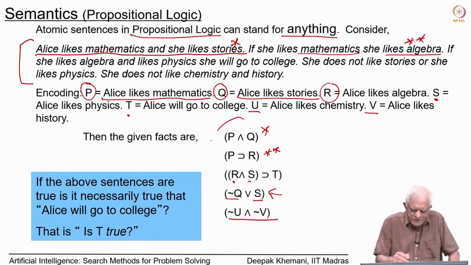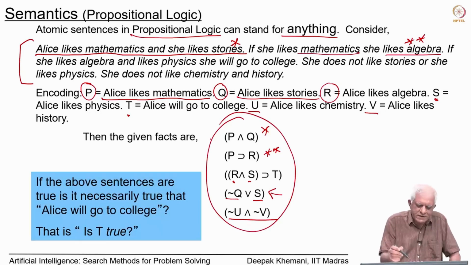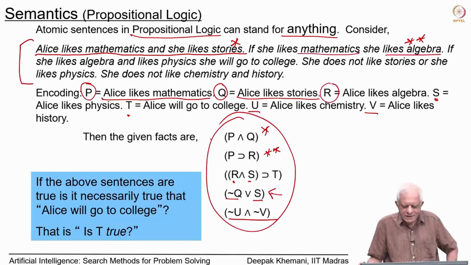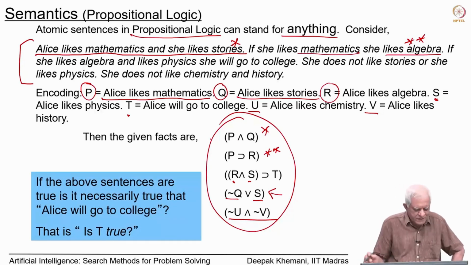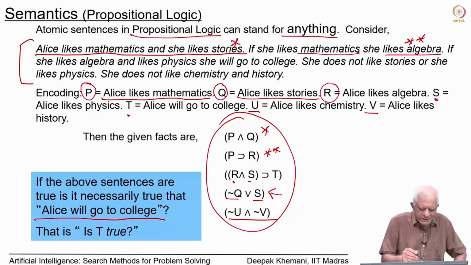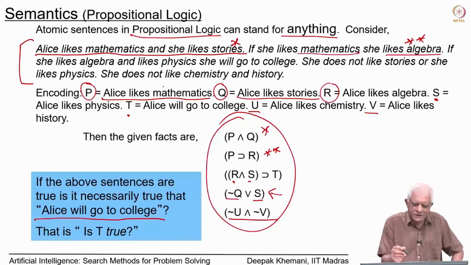So, this is a formalization of the story which is there in the English language above this, and now we are ready to look at a proof process essentially. What do we want to prove? The question we want to ask is, given this knowledge base, what is the knowledge base?